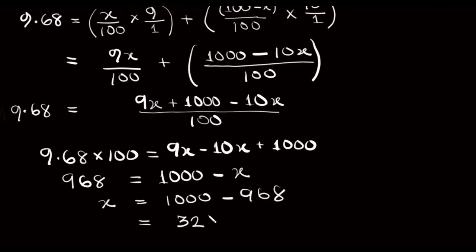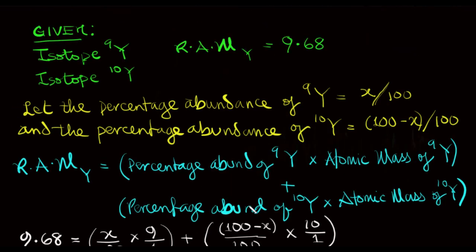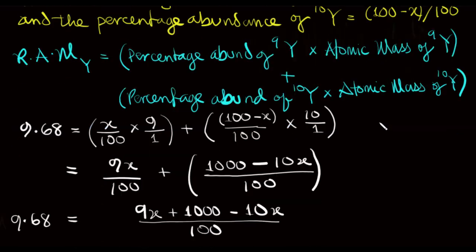But remember, that's not the final answer. You were told to calculate percentage abundance. Remember, we assigned the percentage abundance of Y9 as x over 100. So if you leave your answer as just x, then it is wrong. The answer must be expressed as a percentage.